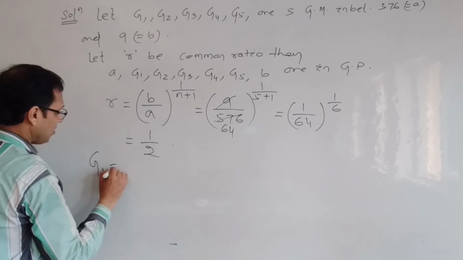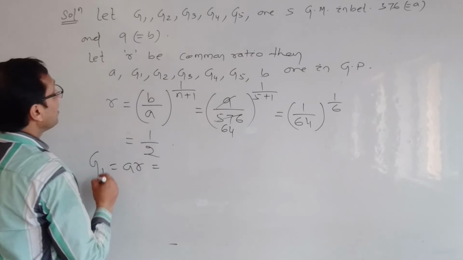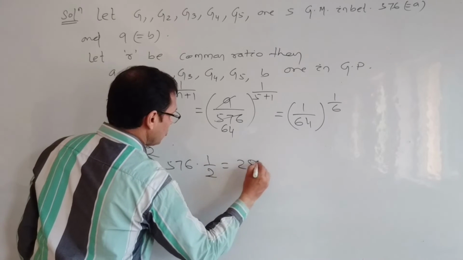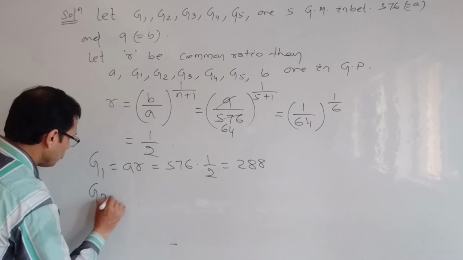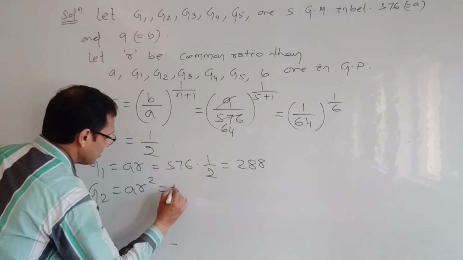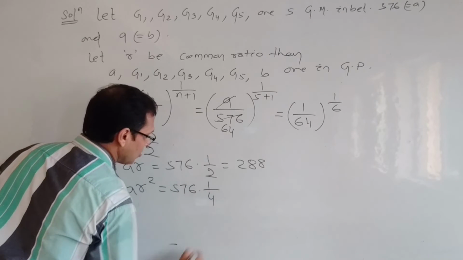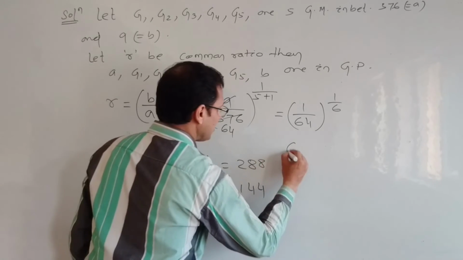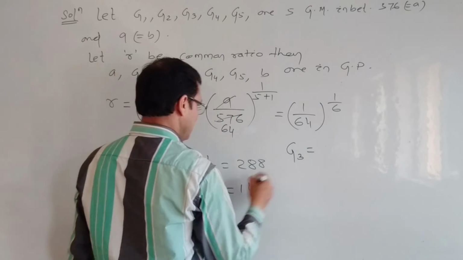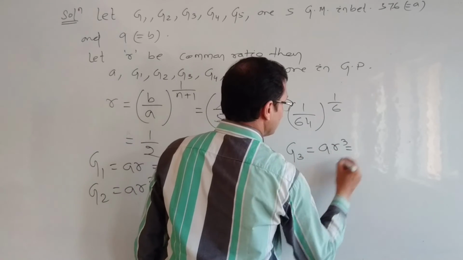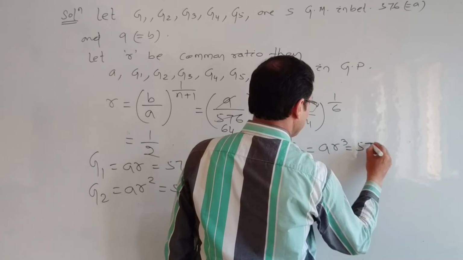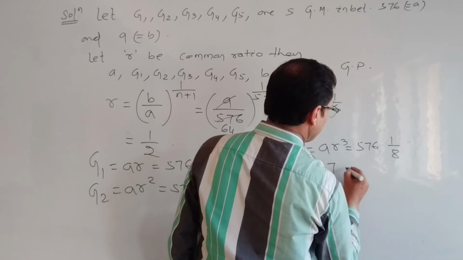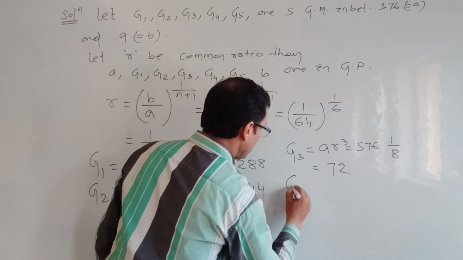Now we can find G1. G1 is equal to ar. a is equal to 576 into 1 by 2, that is 288. G2 is equal to ar square, that is 576 into (1 by 2) square, that is 1 by 4, that is nothing but 144. Likewise you can find G3, that is ar cube, which is nothing but 576 into (1 by 2) cube, that is 1 by 8, that is 72.